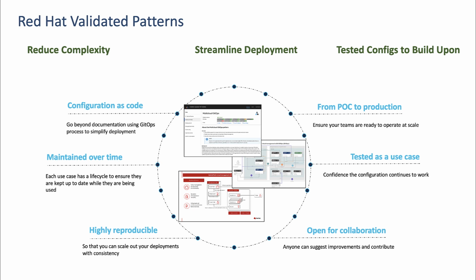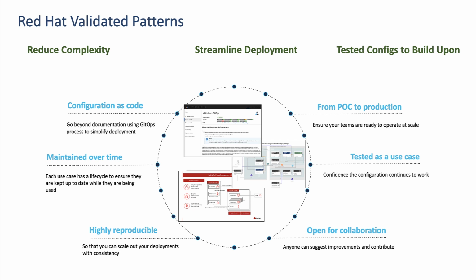Red Hat validated patterns are detailed deployment blueprints, a collection of best practices and configuration guidelines focused on a particular use case. The aim of Red Hat validated patterns is to assist users in efficiently deploying complex applications by providing pre-tested and validated architectures that meet Red Hat's quality standards.